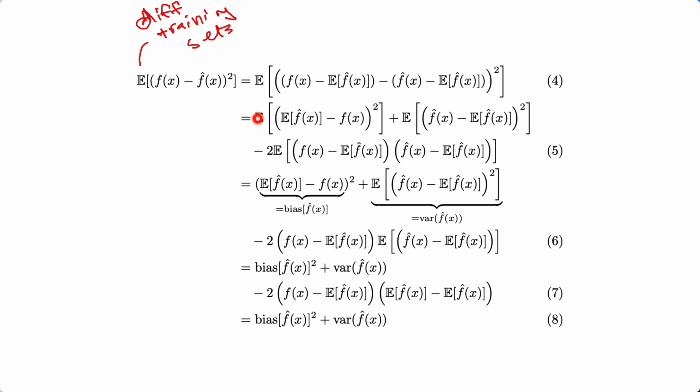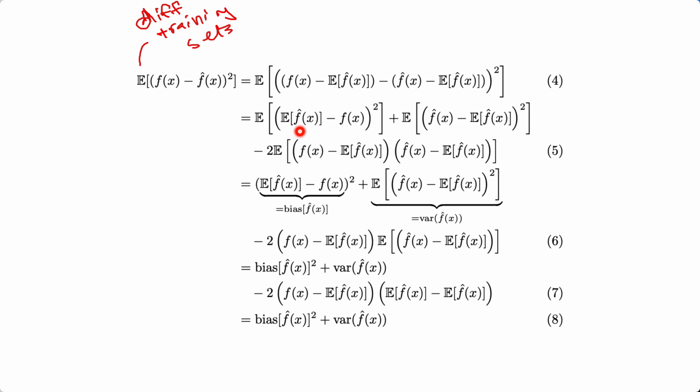Well, the thing is we can get rid of this exterior expected value because this is a constant in here. It's a constant because this is a constant. It's the true relationship. It's not a random variable.